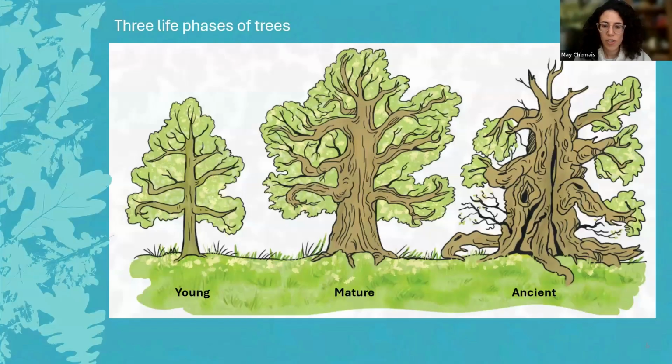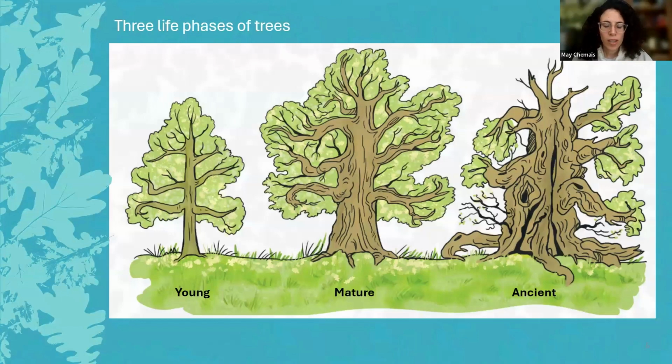It just looks a lot more gnarly. Hopefully you can tell that. And not a lot of trees make it to this stage necessarily. Obviously, a lot of trees are under threat, but when they do, it makes for a wonderful and extremely ecologically important tree.